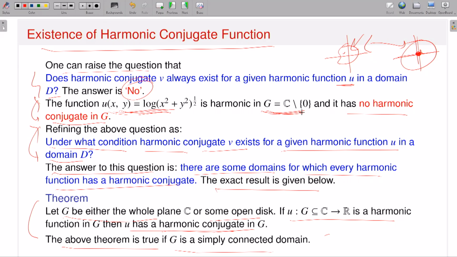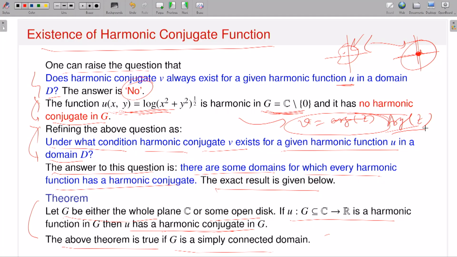It turns out that if V is a harmonic conjugate of U, then V is the argument function, or you can say the principal argument, of z. But I will prove that the function z goes to arg of z is not even continuous in the punctured complex plane.